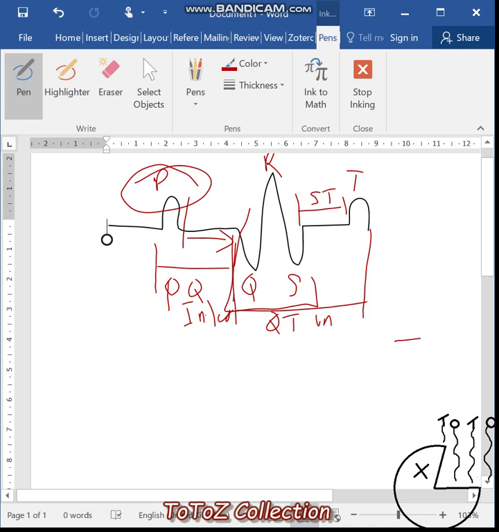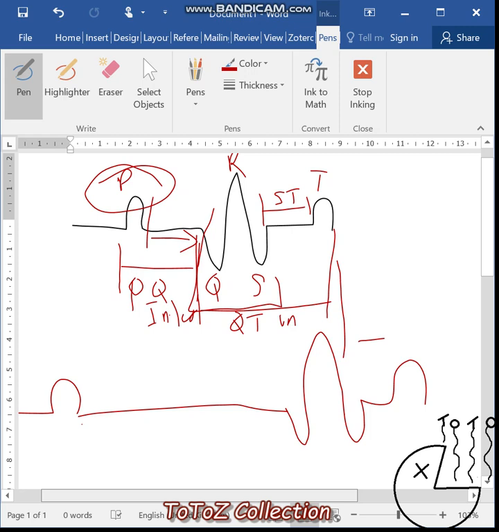So you're going to have an ECG that looks a bit like this. So there you have your P, and then there you have an abnormally long PQ interval, and then you're going to have the rest being like that. So this is how the ECG is going to look like.